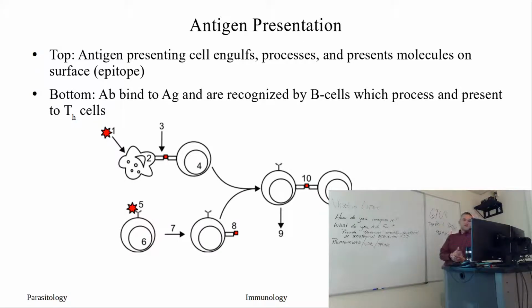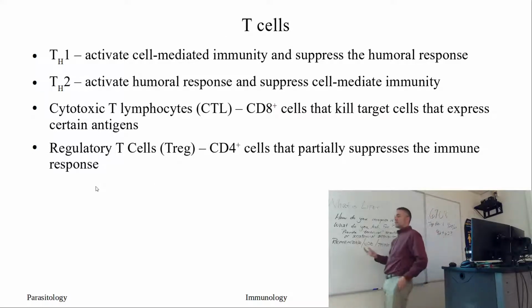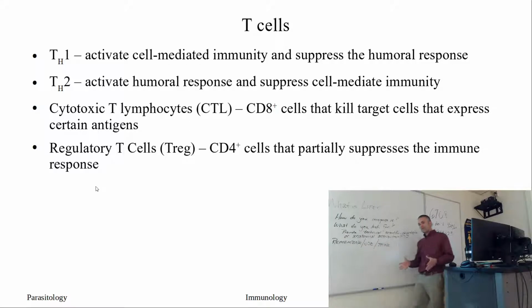What these B cells are going to do is present the antigen to the T cells and try to get things going. These are the T helper cells. Now, of the T cells, we've got T helper 1 and T helper 2 cells. So when I learned it, we were taught that you've got one side or the other. We're either going to go to a Th1 type response or a Th2 type response. Th1 is predominantly cell-mediated immunity.